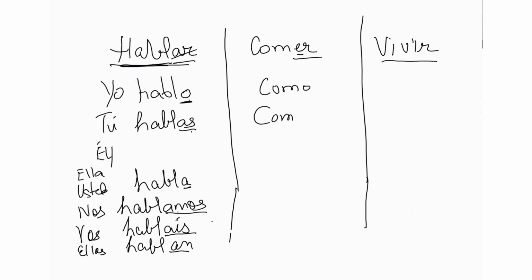Because it is an ER verb, so it is E. Then él, ella, usted. Come. Muy bien. Nosotros comemos. Comemos. Muy bien. Vosotros coméis. Okay. And the last one, ellos comen. Right?